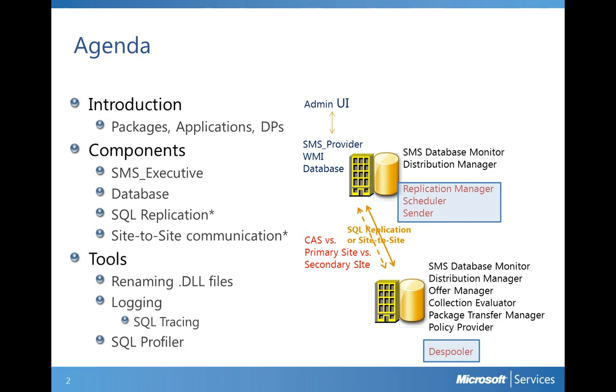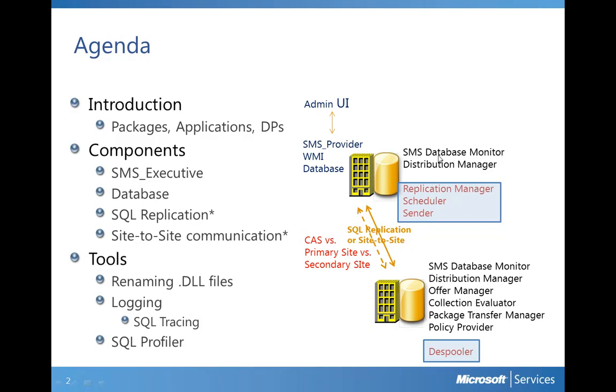What I've tried to do here is list out in a general way some of the components involved with the metadata. Loosely, this is what we'll do in our demos. I have a CAS up here. It's not labeled as such, but it is a CAS. Then I have a child primary site. You'll notice there are various pieces, all threads of the SMS Executive, that act in various ways on different sites.